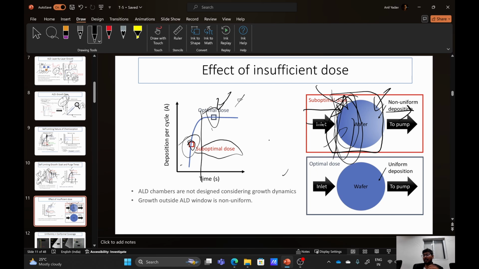You can make it in any lab. All you require is a chamber and two inlets, one for the precursor and one for the oxidant. These should be connected with valves, and through MFCs or whatever, you can connect them.